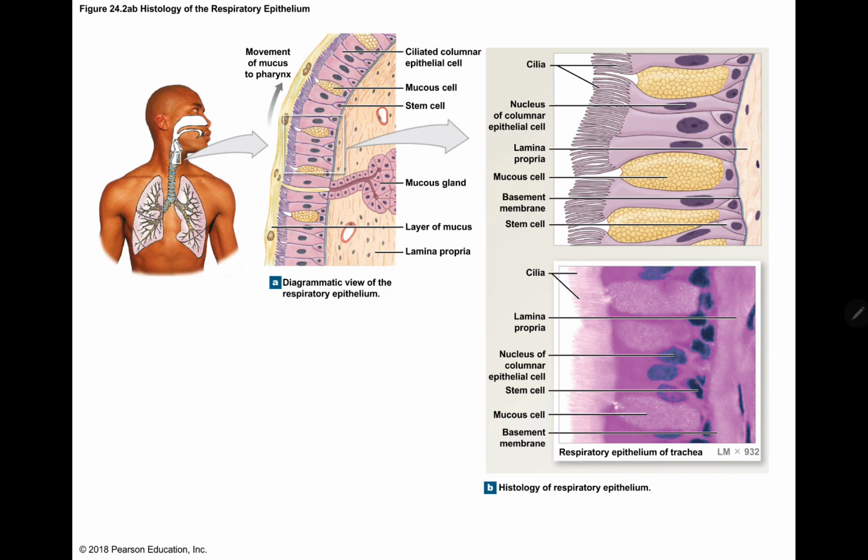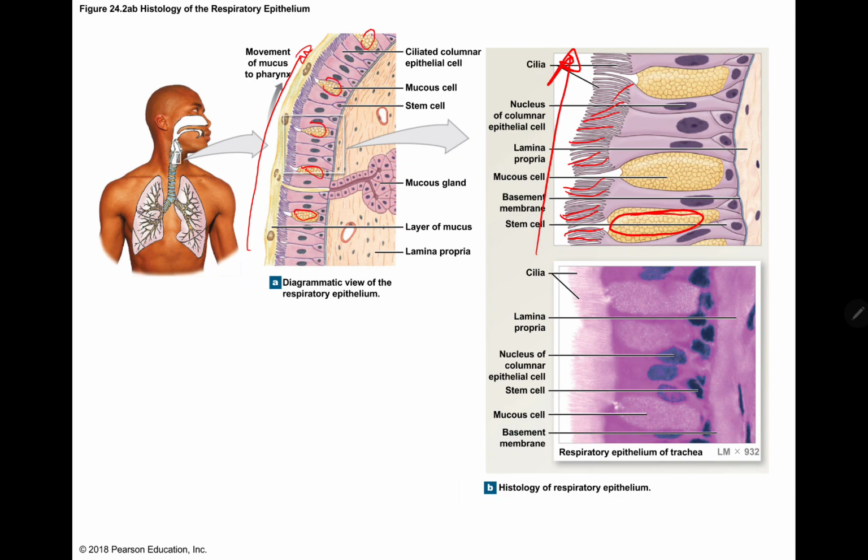As you can see right here, we have our ciliated columnar epithelial cell, and it has the cilia. That cilia is going to be able to move that debris upward. Notice how we have these mucus cells, which I'm drawing in red.